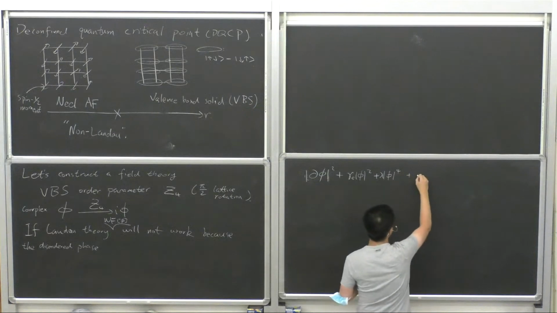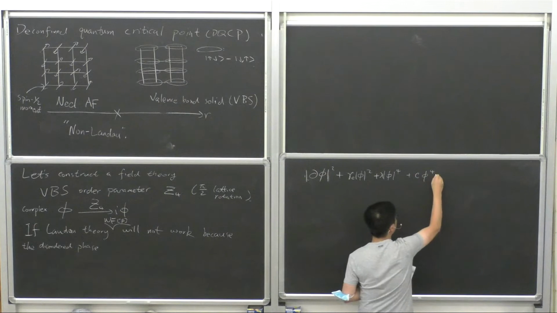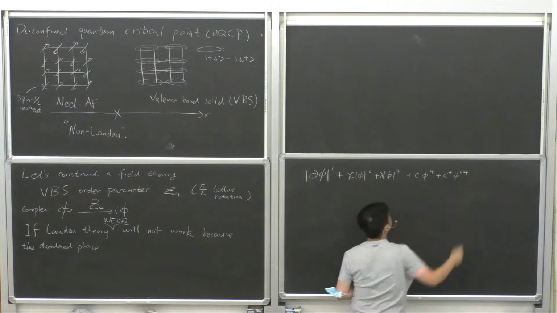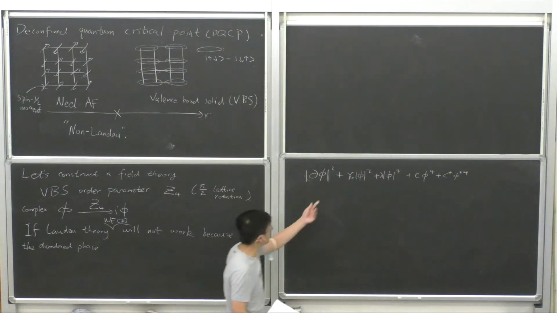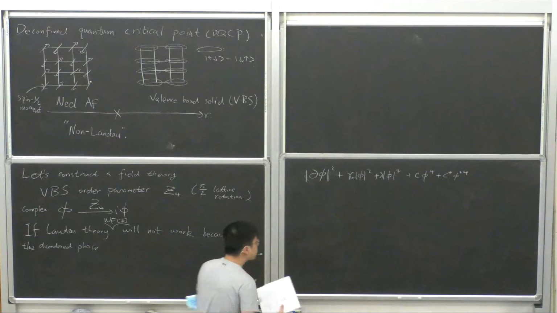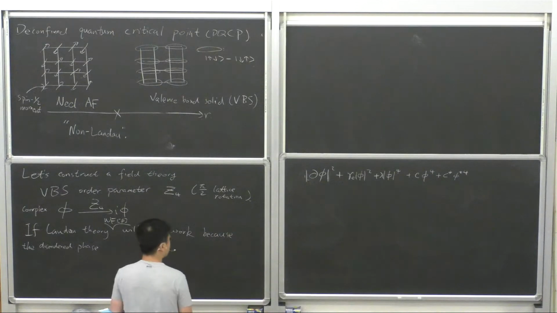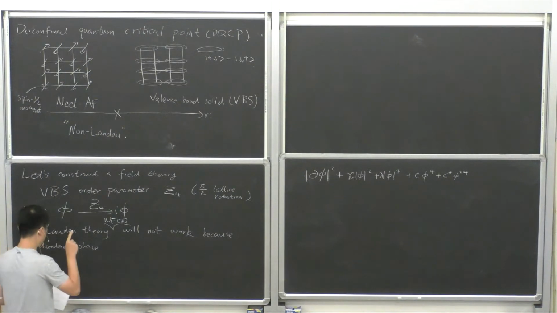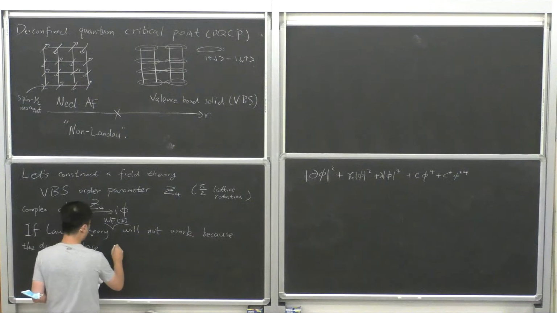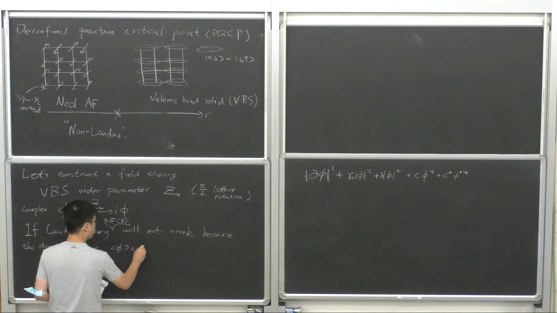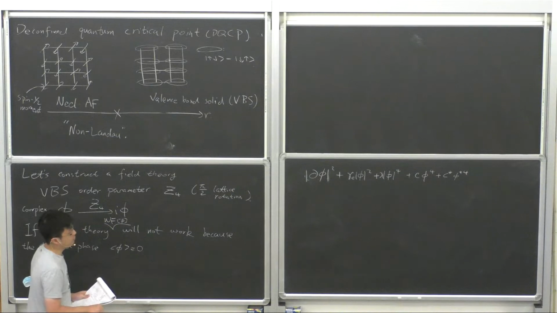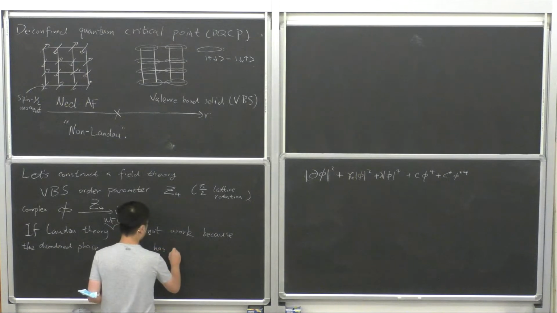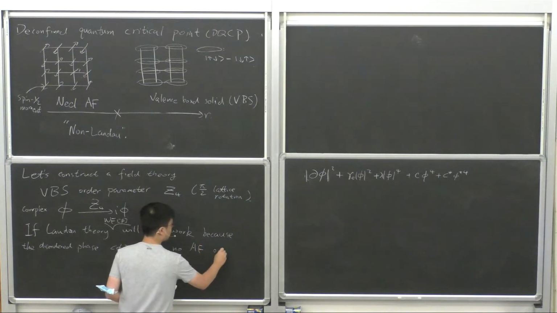I only have Z4, which means I should have a fourfold anisotropy added. And r is, as usual, tuned to the critical point. I'll come back to that soon. But the important thing I want to emphasize is that it won't work, because the disordered phase where your phi does not condense looks trivial. It has no AF order.